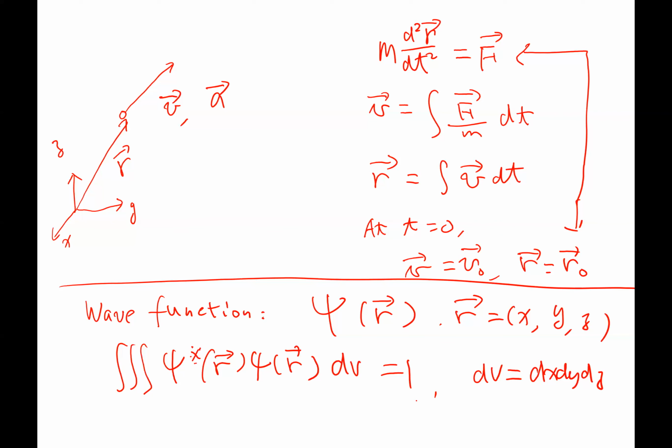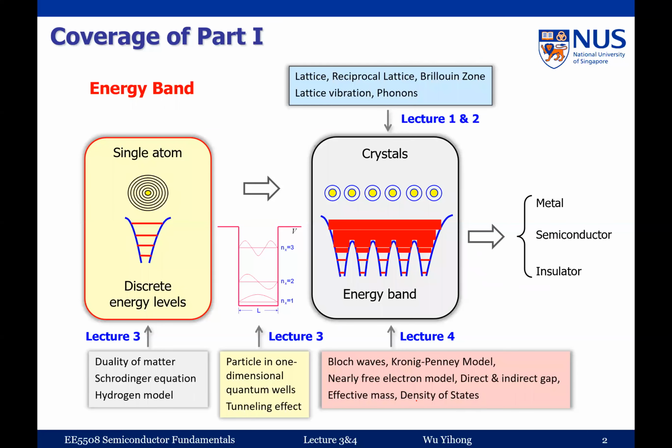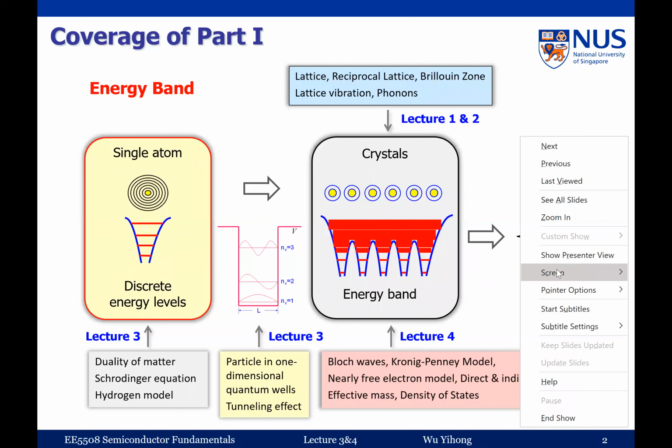To understand this, let's go back to the screen again. Just remember that when we try to specify the position of a particle in classical physics, in the 3D coordinate system we have x, y, z. If the particle is here, how do you specify this?